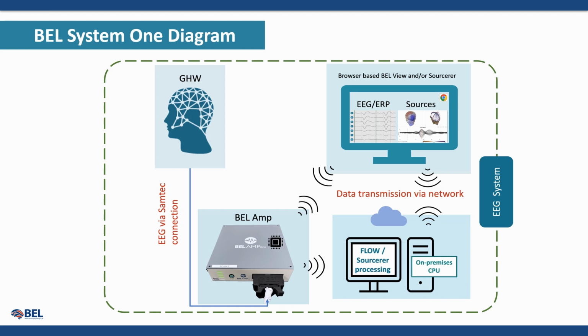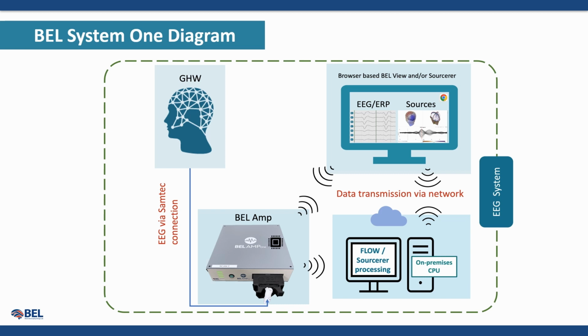It's a powerful cloud-based service that you can access from anywhere in the world. We offer these two options because some sites, for example hospitals, may not allow the use of AWS.